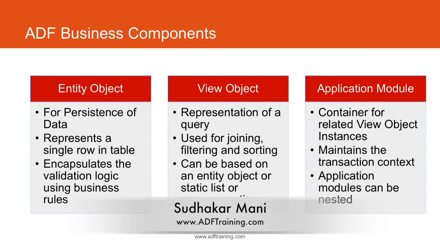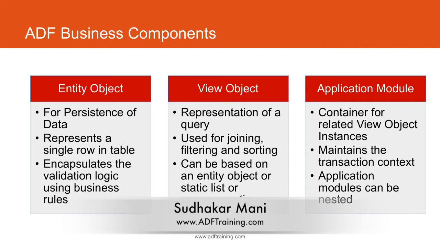And also the static list is available, which is very rarely used, the static list of LOV. The view objects based on entity object and select query is one of the common view objects which is being created while using the ADF BC.